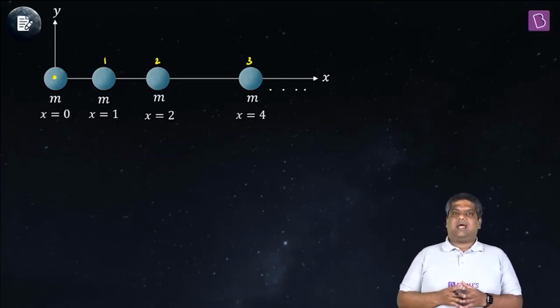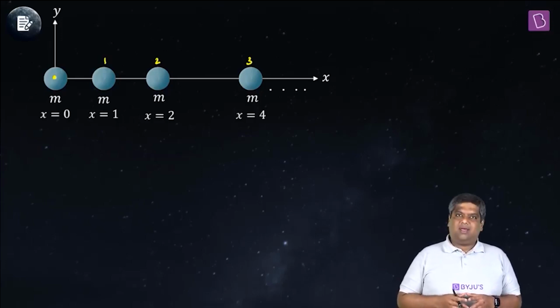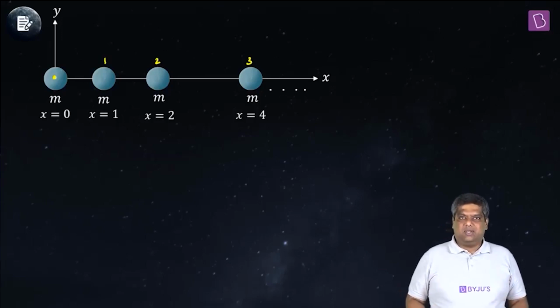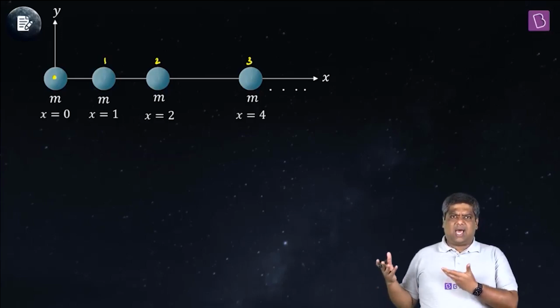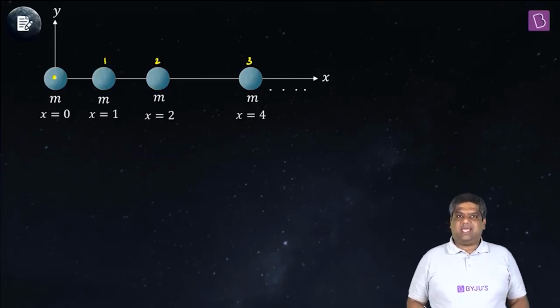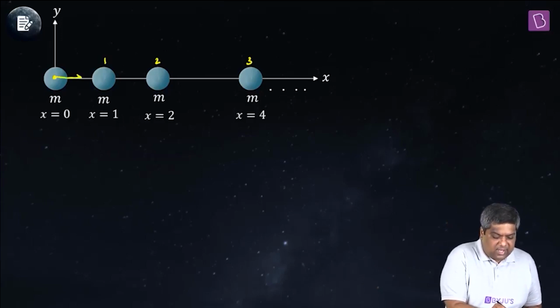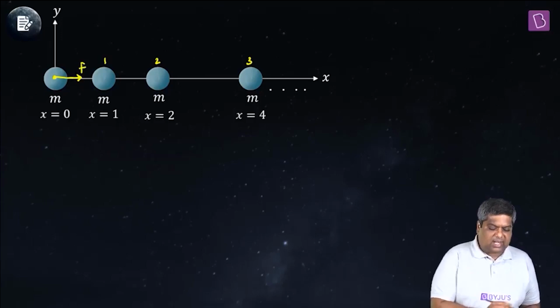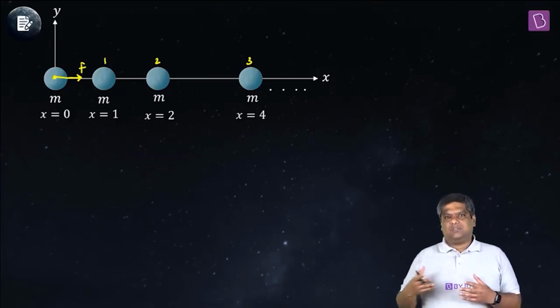Now, there will be a gravitational force of attraction between each of these masses and the mass at the origin. Since all of these masses are attracting the mass at x is equal to 0, the net force on that mass must be to the right, and we will call it F. All individual forces are also to the right.